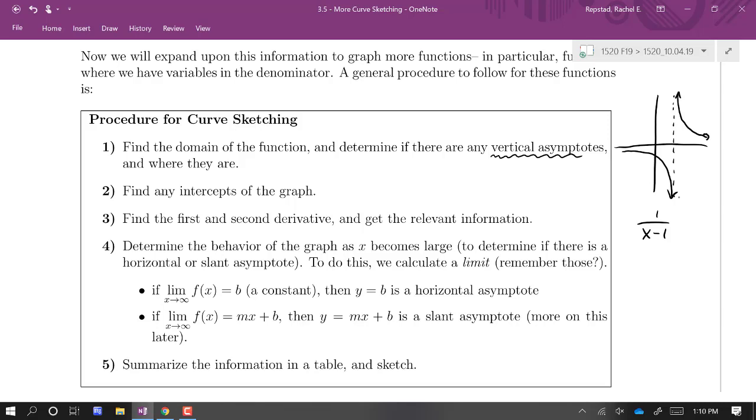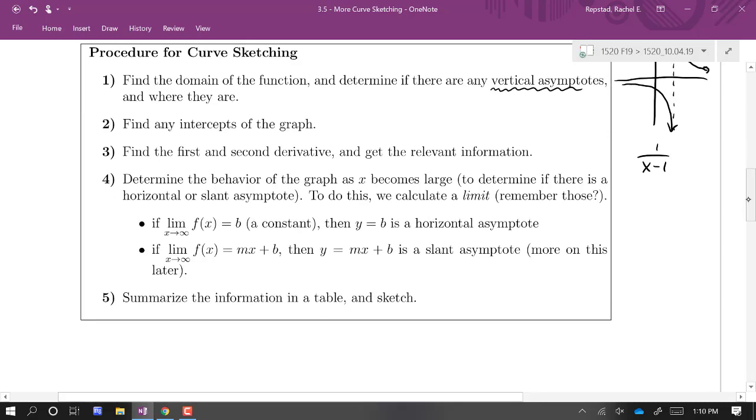And we can kind of see why. It's a simple case, but if the numerator is fixed and I get closer and closer to dividing by 0, like 1 divided by 1/10 is 10, and 1 divided by 1/100th is 100. The closer I get to 0, the bigger these numbers are. So we get that kind of interesting behavior in the graph around these places that are not in the domain.